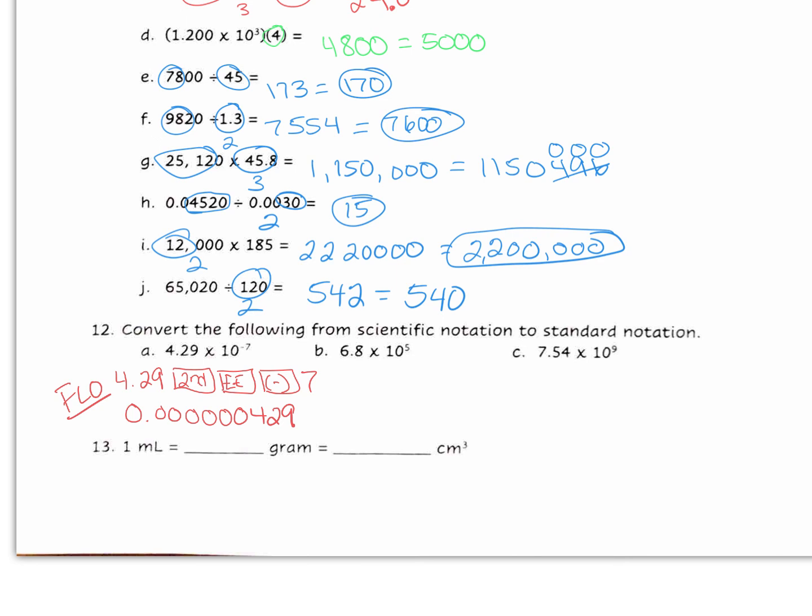So basically what I did is I take this and I move it over 7. 1, 2, 3, 4, 5, 6, and 7. You put your front 0, and then you put zeros all in. And that's how you get this number. I was hoping the calculator would do it for me, but it did not.